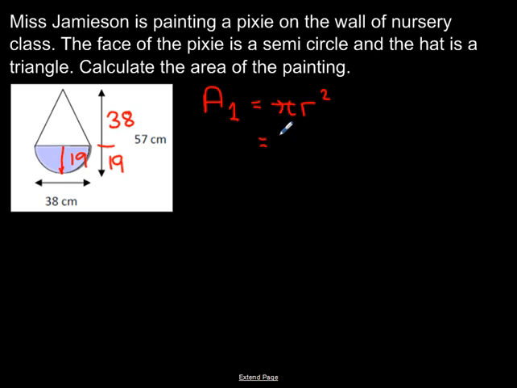We can use the pi button on our calculator, or we can use the number 3.14, as long as we make it clear in our working. I'm going to use 3.14 so that I don't need to round as much by way of decimals. 3.14 times the radius of 19 squared.